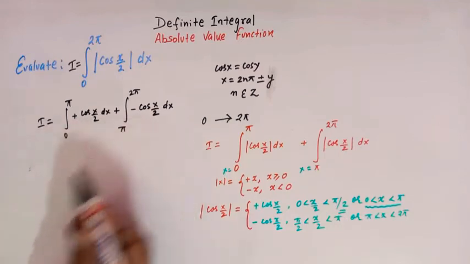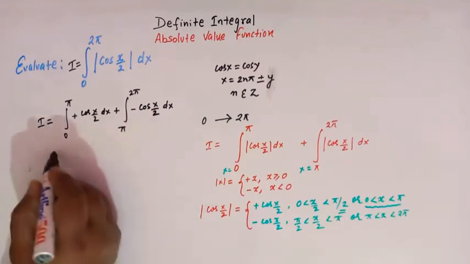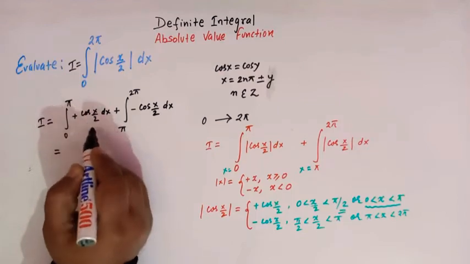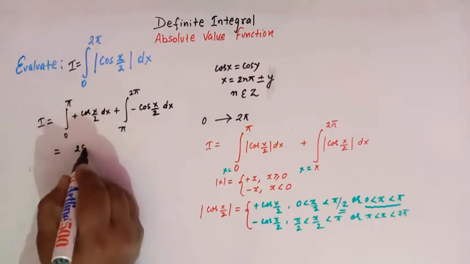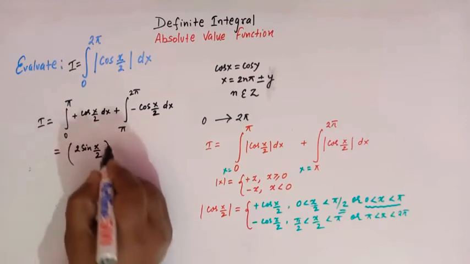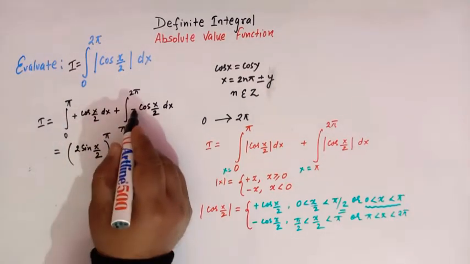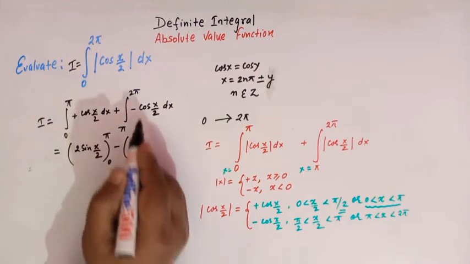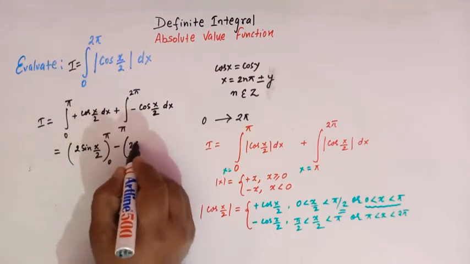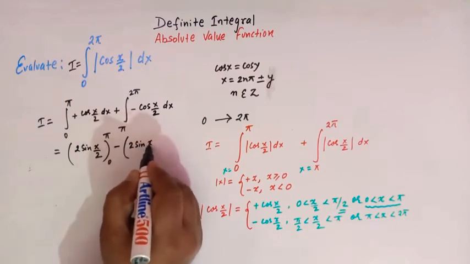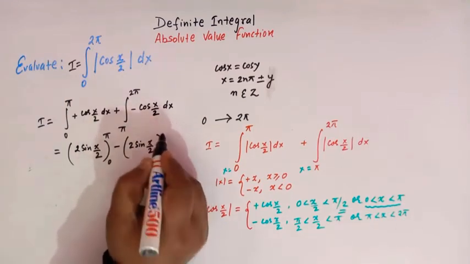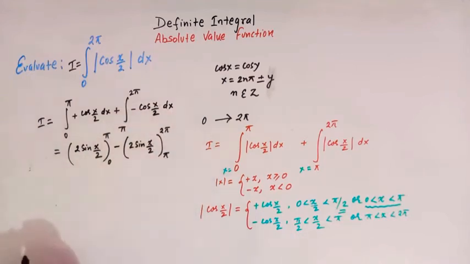So now we have two simple integrals and we can solve them, and we know that the integral of cos x over 2 is 2 sine x over 2, and the limits of integration are from 0 to pi, and here we have minus the integral of cos x over 2, which is 2 times sine x over 2, and the limits of integration are from pi to 2 pi, right?